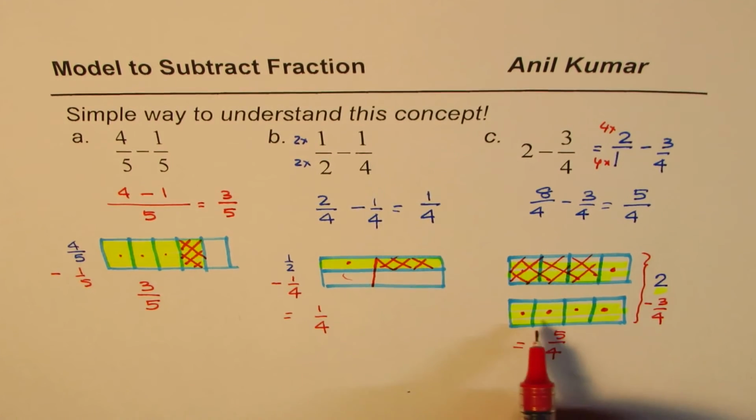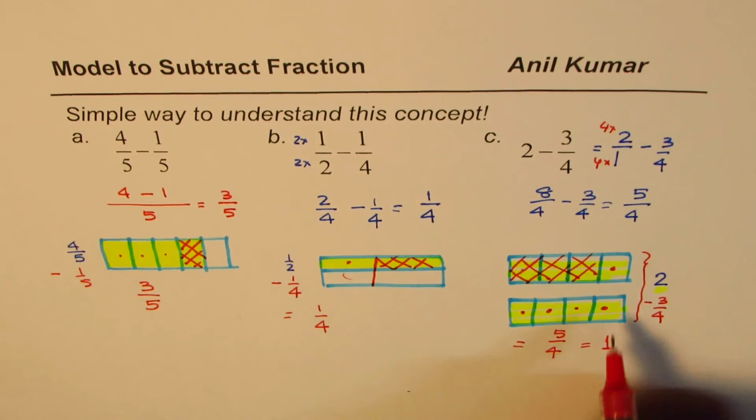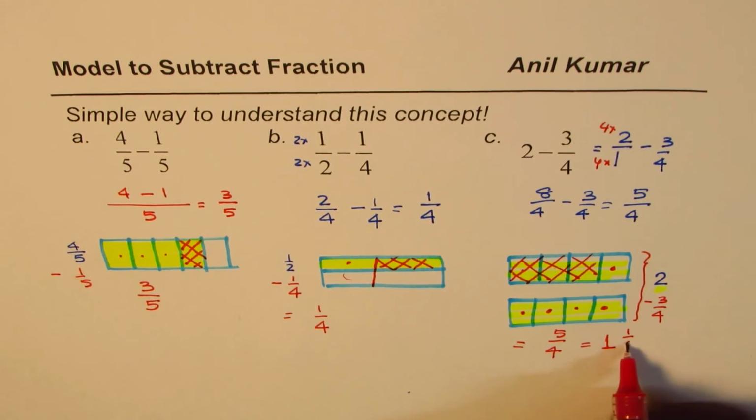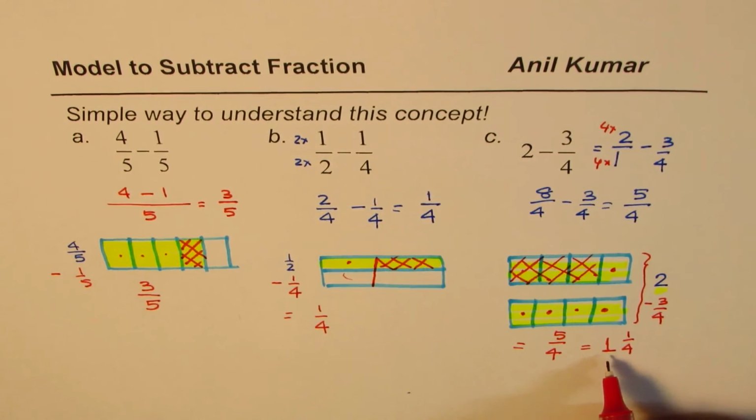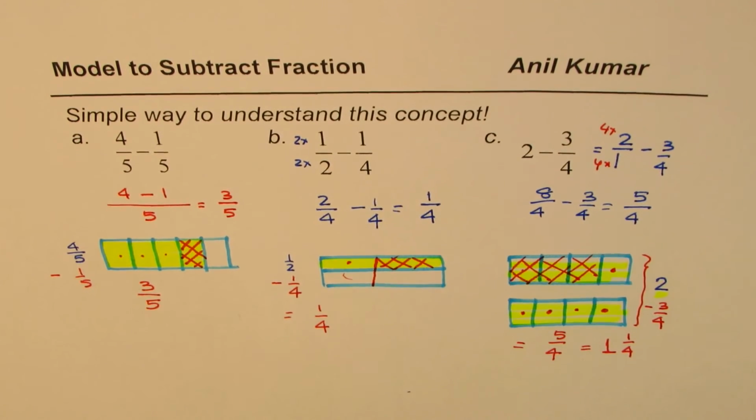That remains. You can see it is 1 whole and 1/4. So we could also write this as 1 whole 1/4. So this improper fraction can be written as a mixed number, 1 and 1/4, which you can see from this model.